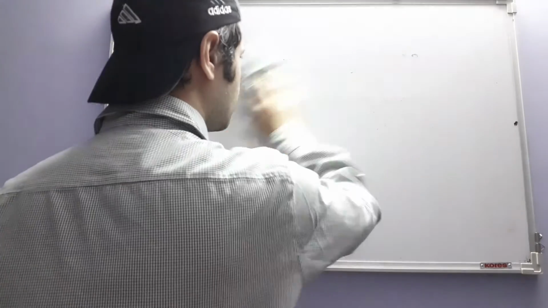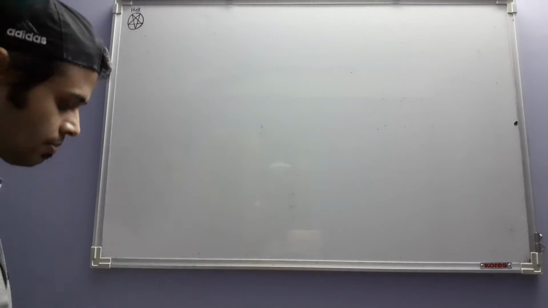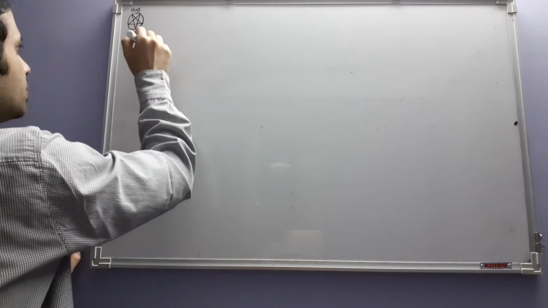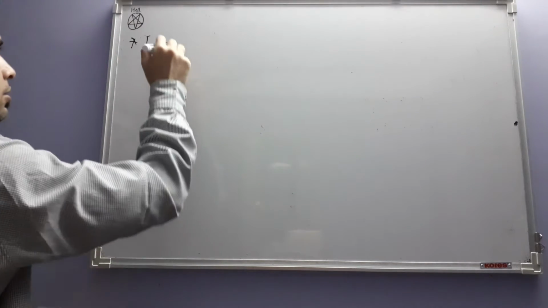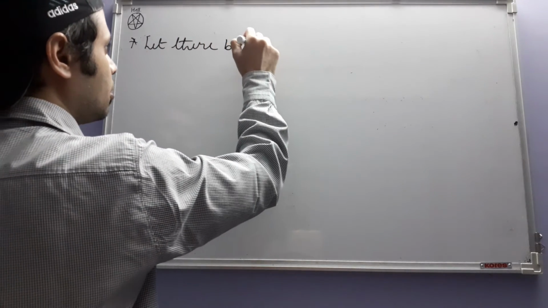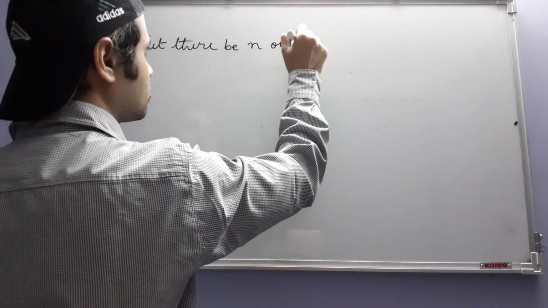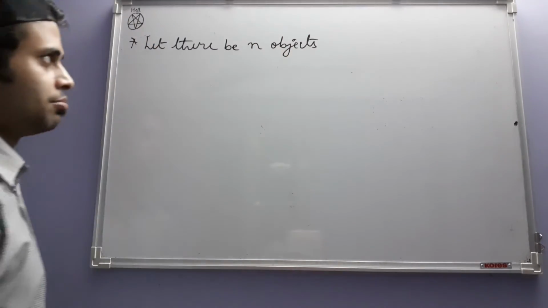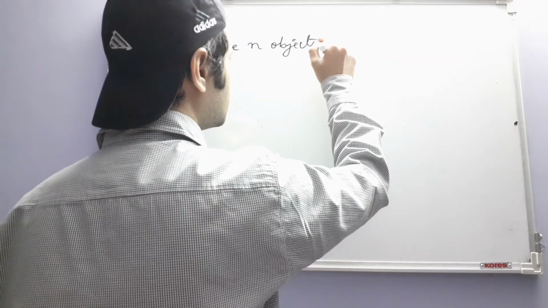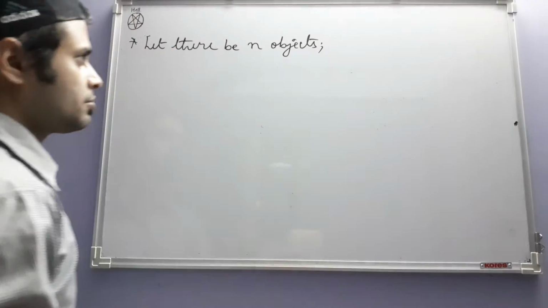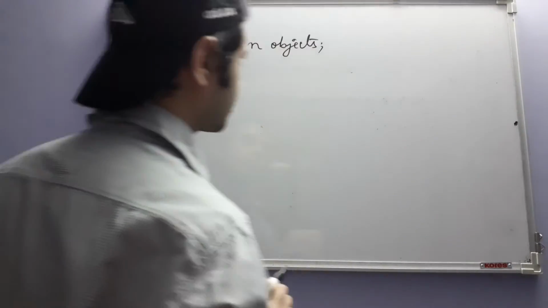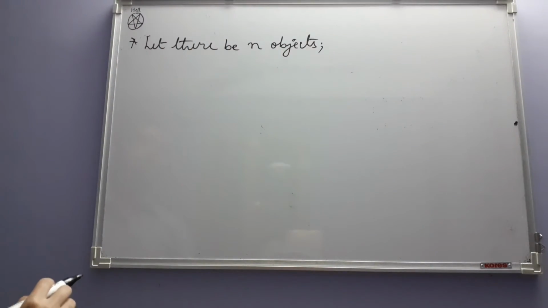The general situation looks like this. Let there be n objects, not necessarily distinct, but some of them are repeated.